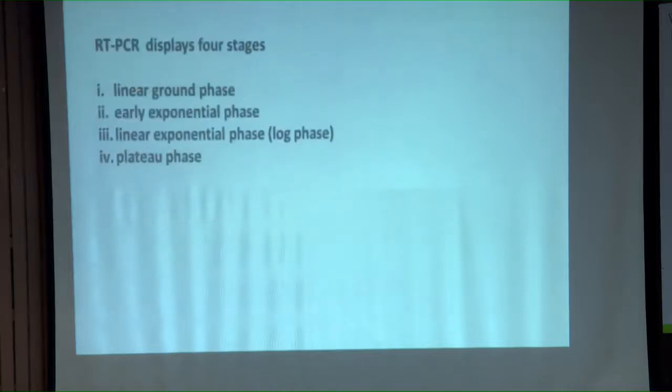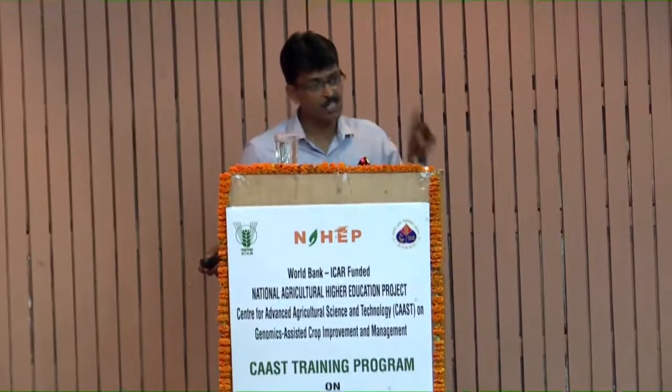And of course, come to the visualization of qPCR results. These qPCR results can be visualized, and the visualization itself is divided into 4 phases, right? To start with, the linear ground phase. I already told you there is no ground fluorescence either by TaqMan probe method or SYBR Green method.